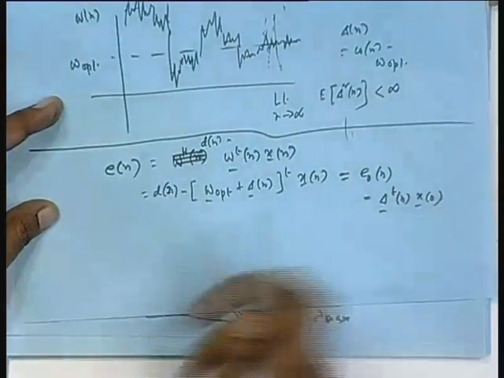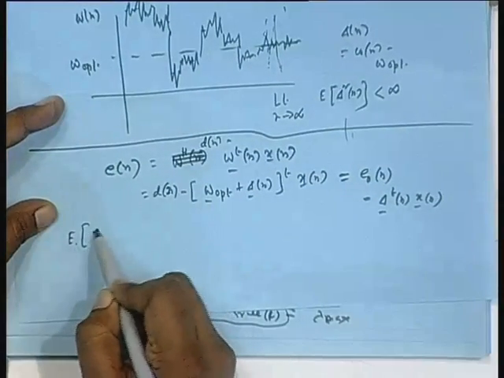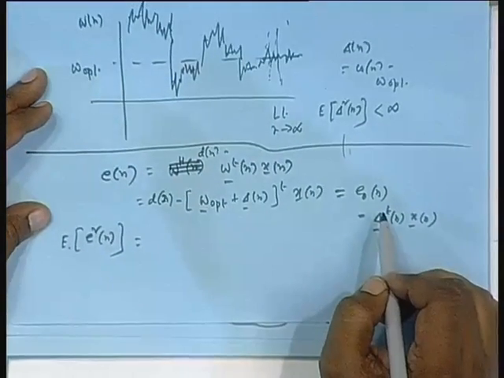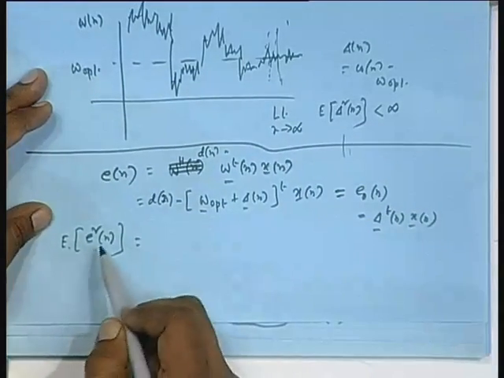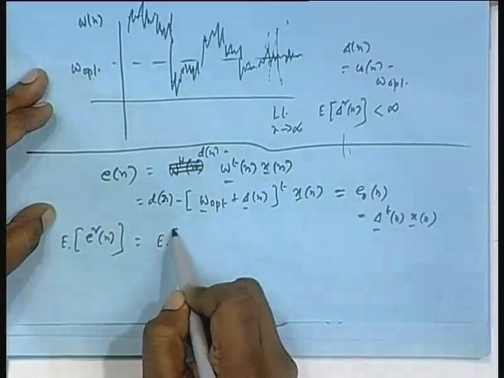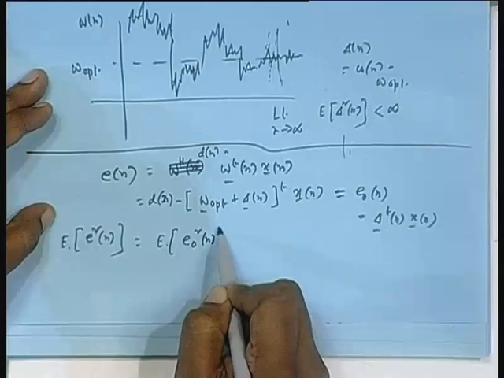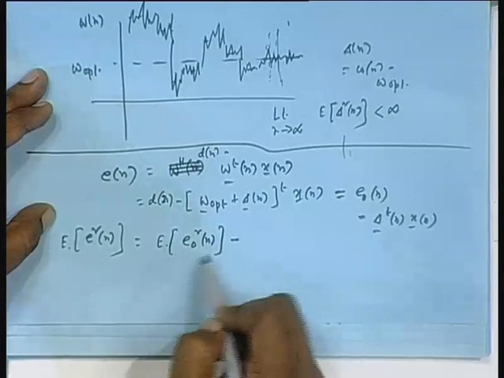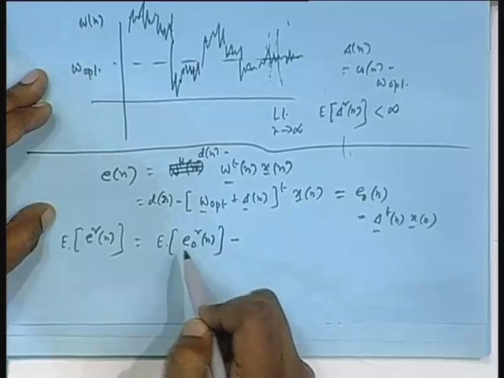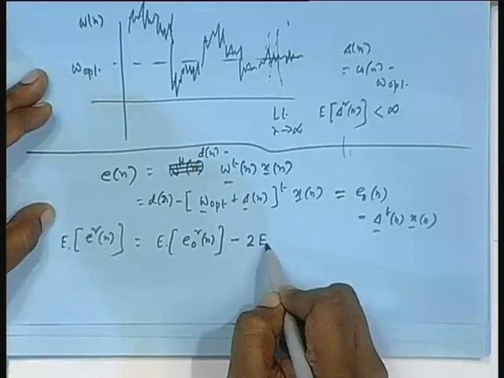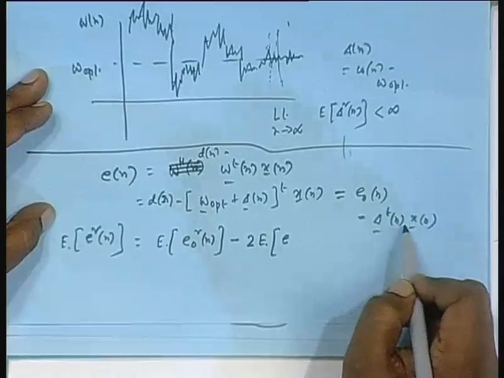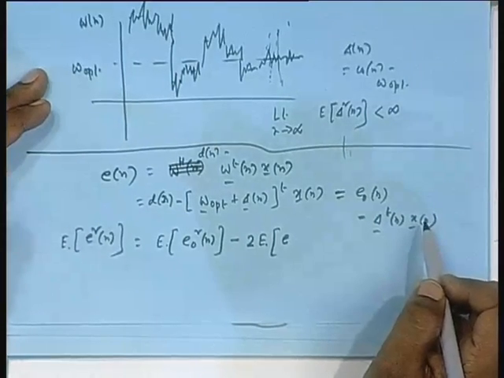As a result, if you compute this quantity and take the whole square of this, you are now finding the variance of the error. One term will of course be the minimum mean square one. There will be another term, e_o(n) times this, from a minus b whole square, a square minus 2ab plus b square.